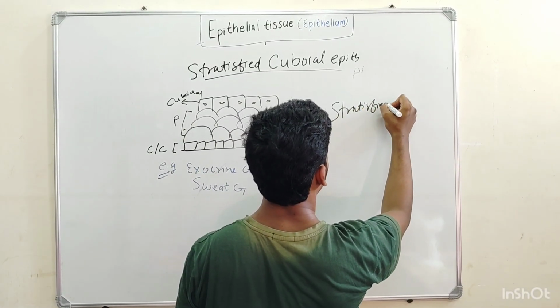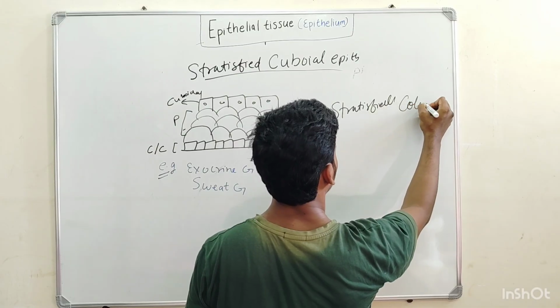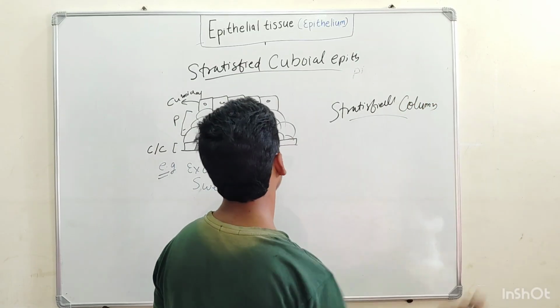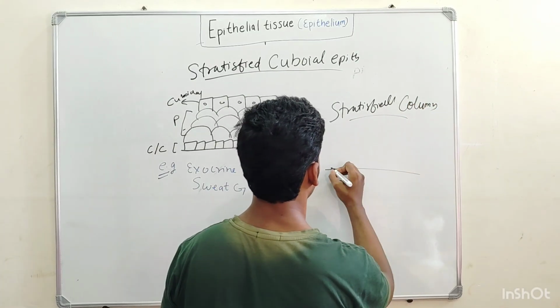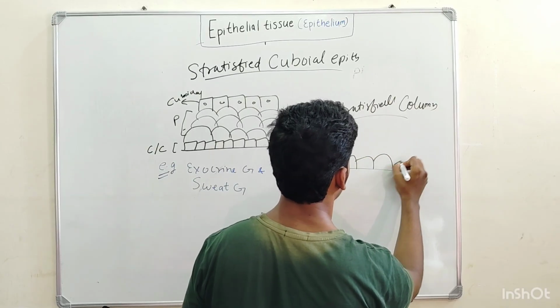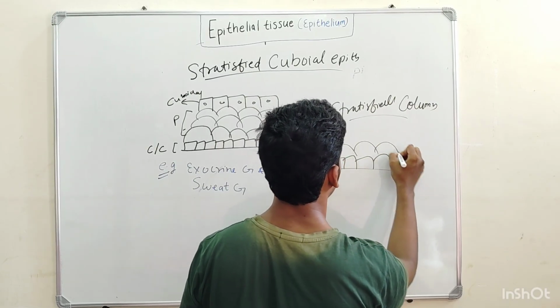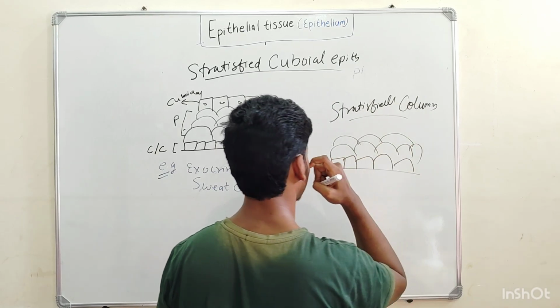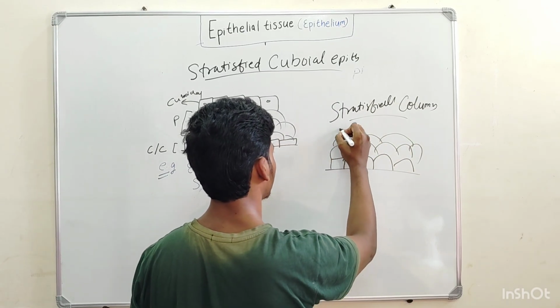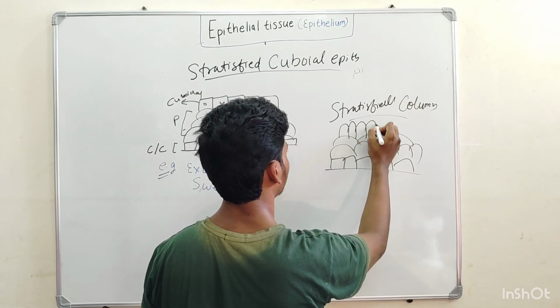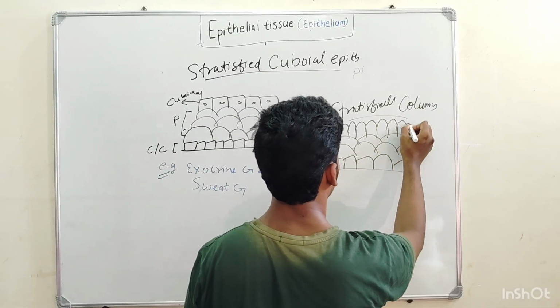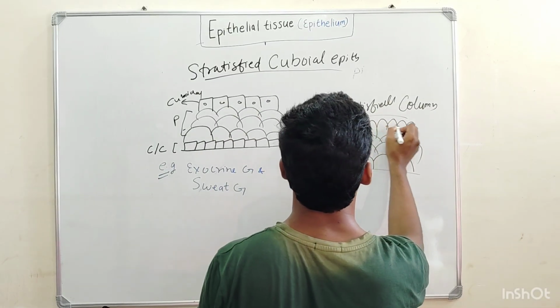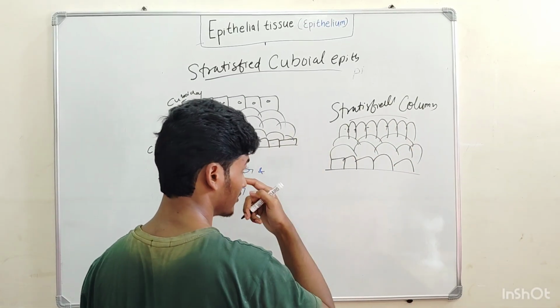And another one is stratified columnar. So there is no difference. This is the basement membrane, the basal layer is cuboidal or columnar, this is the intermediate layer, and since it is stratified columnar, the apical layer will be columnar. So this is the stratified columnar epithelium.